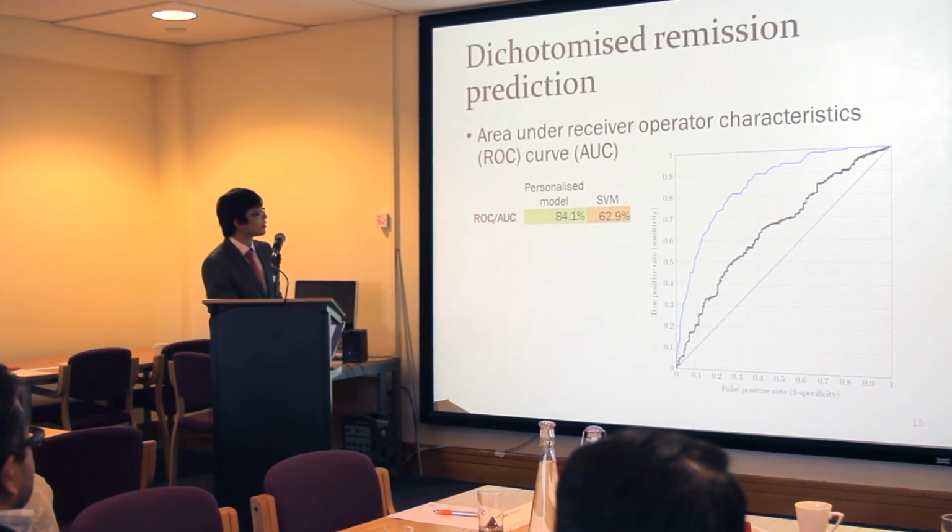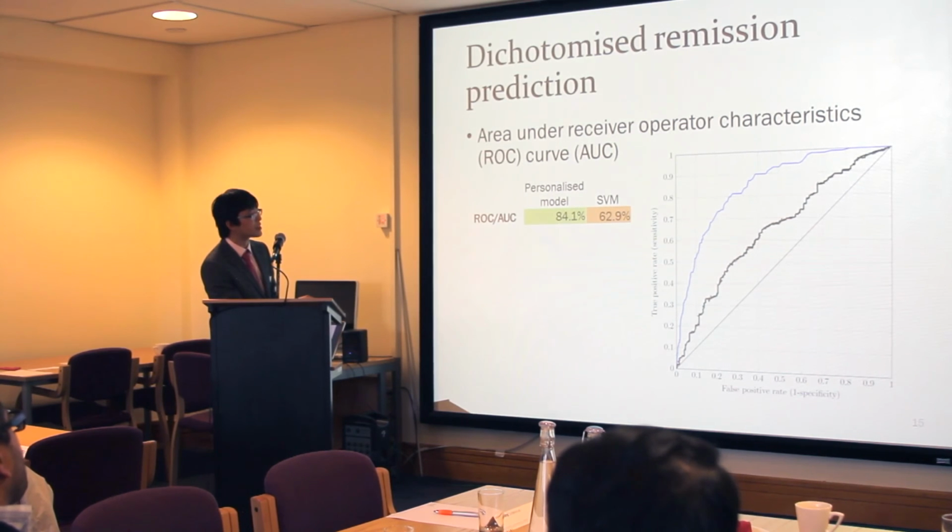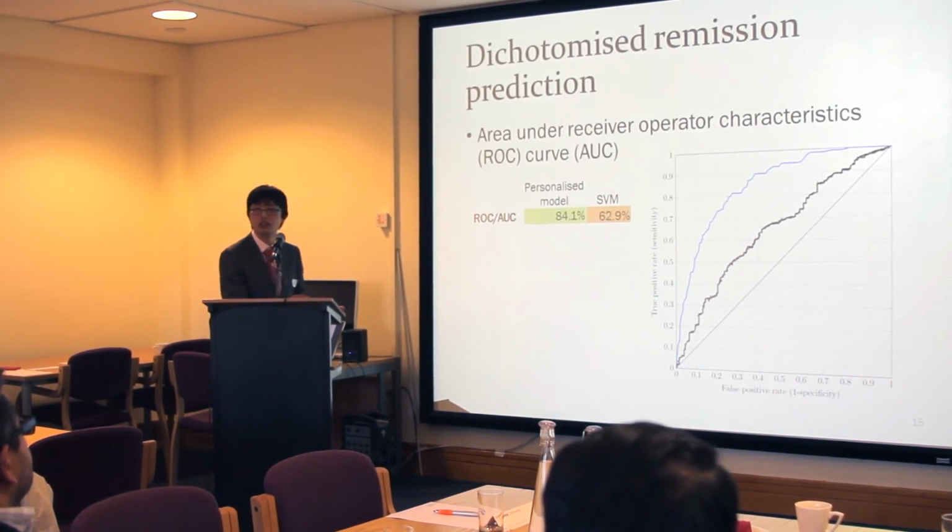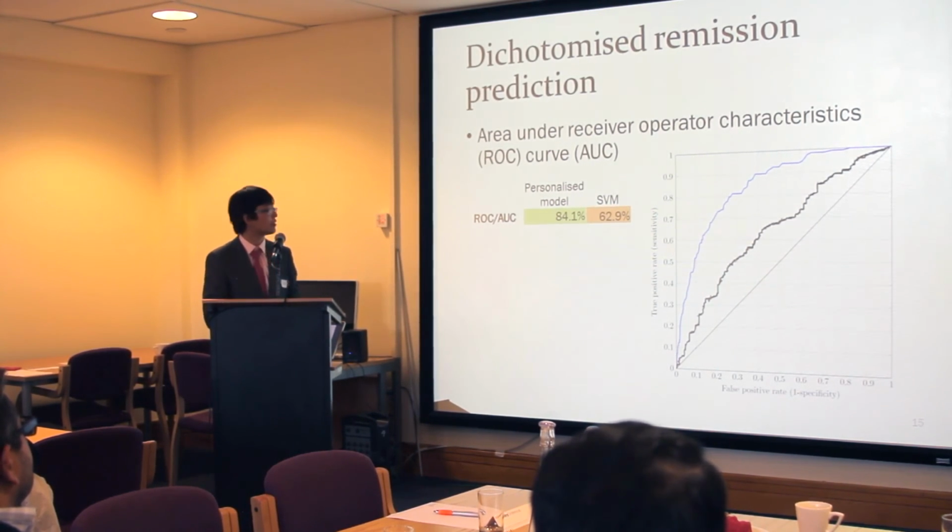So a good measure for comparison is to compute the area under the curve, which is the normal way to do it in the machine learning literature. You can see here the personalized model is doing better than the traditional method, with an area under the curve of 84%, which is quite good.